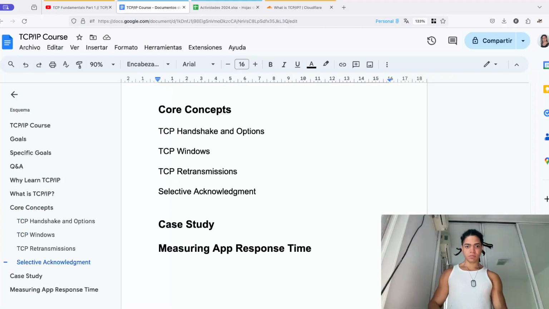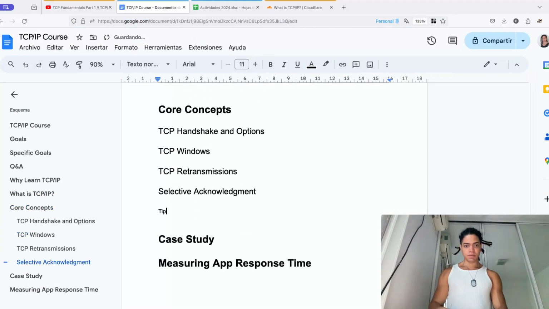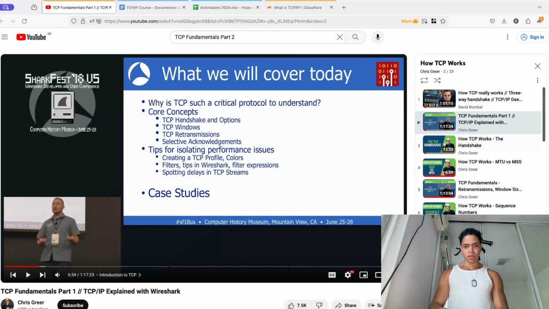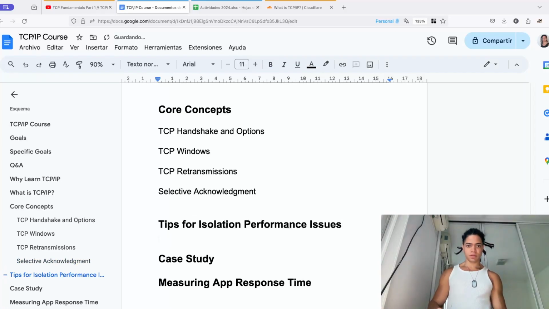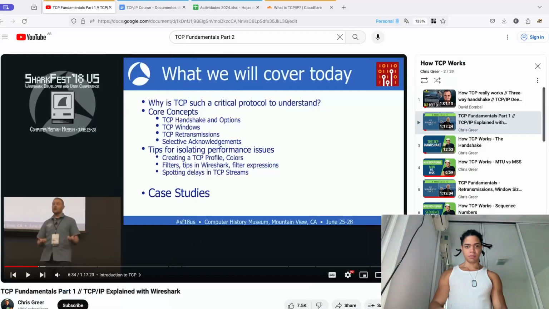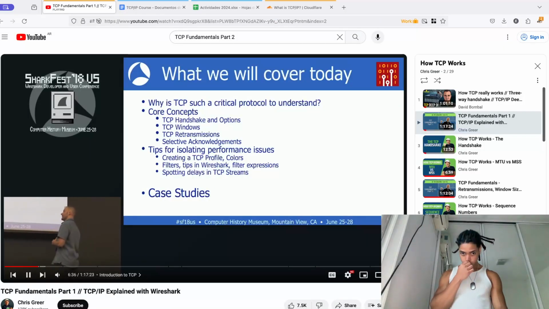Okay. Tips for isolating performance issues. What filters can we set?